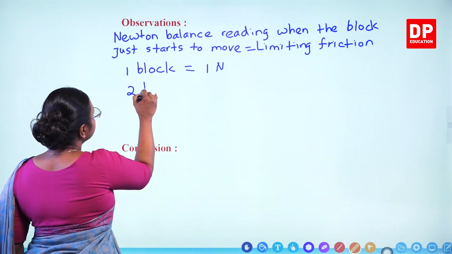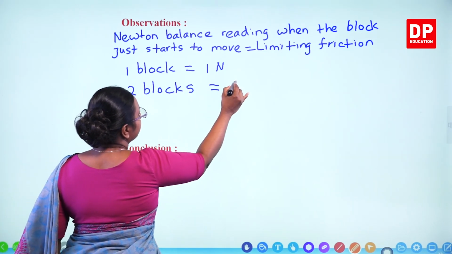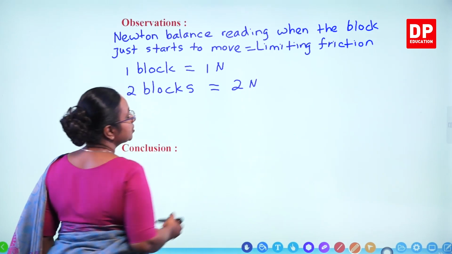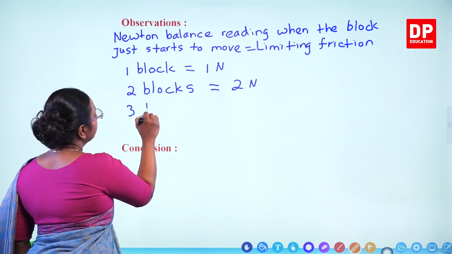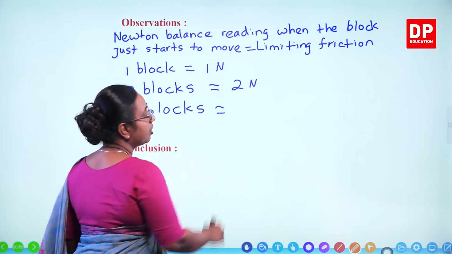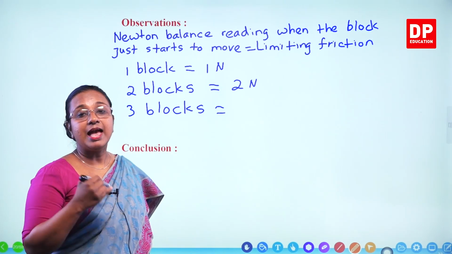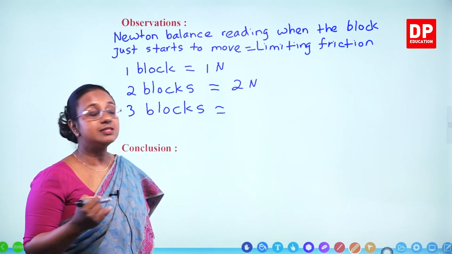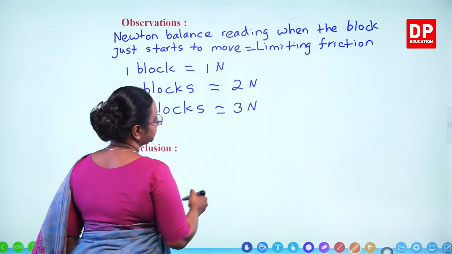Then we increased to 2 blocks, and the Newton balance reading was 2 Newton. Finally, we used 3 blocks, kept one on top of the other, and the Newton balance reading when the block just started to move was 3 Newton.